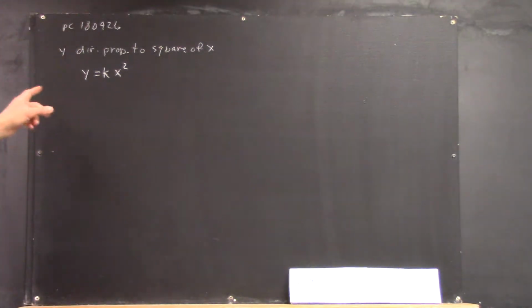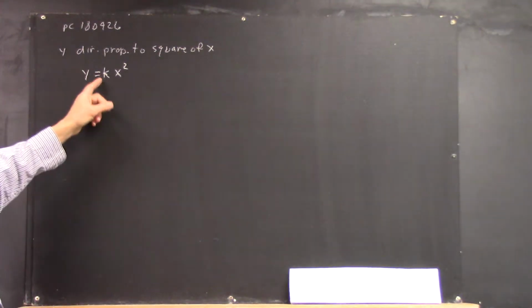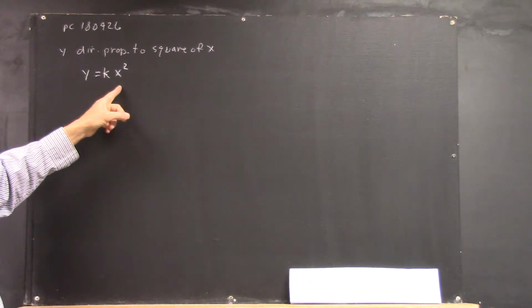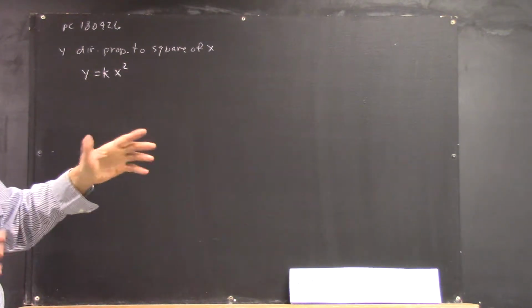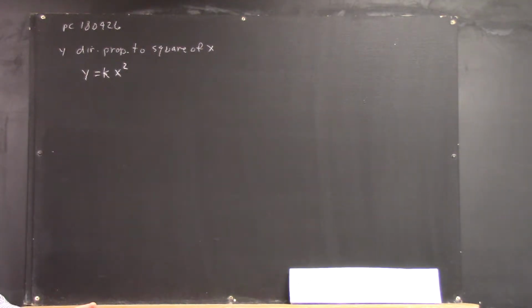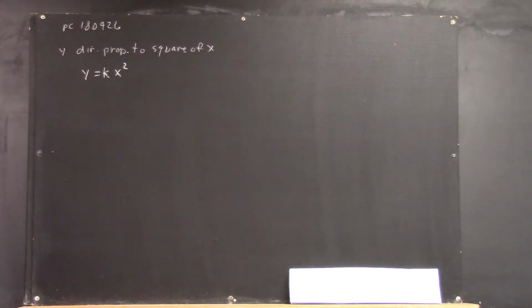So y directly proportional to the square of x means y equals k times the square of x. Halfway seem reasonable? If it's halfway now, hopefully you think about it and pretty soon it'll be all the way reasonable.